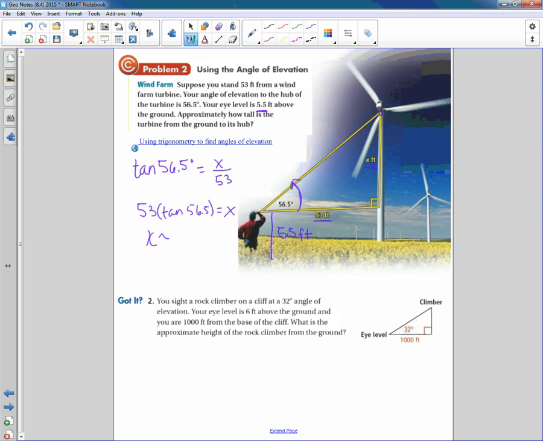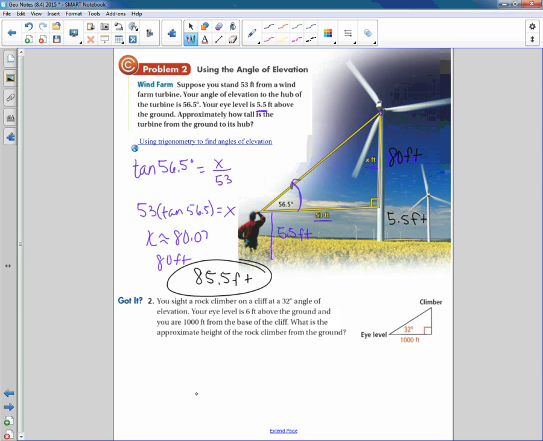So x is going to be approximately equal to 80.07, so 80 feet. Okay, now in order to find the true height, because this is going to be 80 feet right here, in order to find the true height, I'm going to need to add that to the 5.5 feet. So the actual height of the turbine should be about 85.5 feet above the ground. So that would be my final answer.